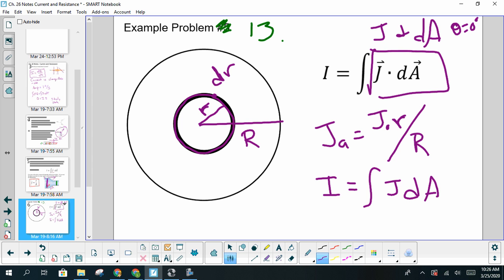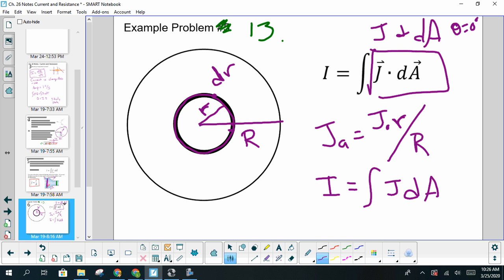Okay, so once we have that simplified a little bit, now it's time to start thinking more about how these two things, the current density and the area, work together. So we have our dr, this little guy right here, that little bit between here and here.